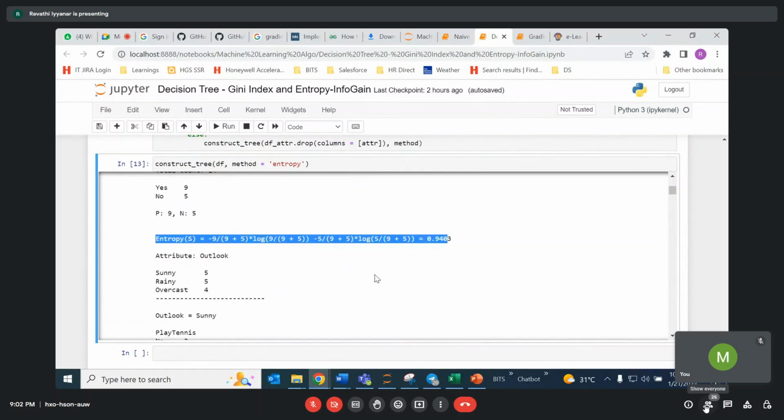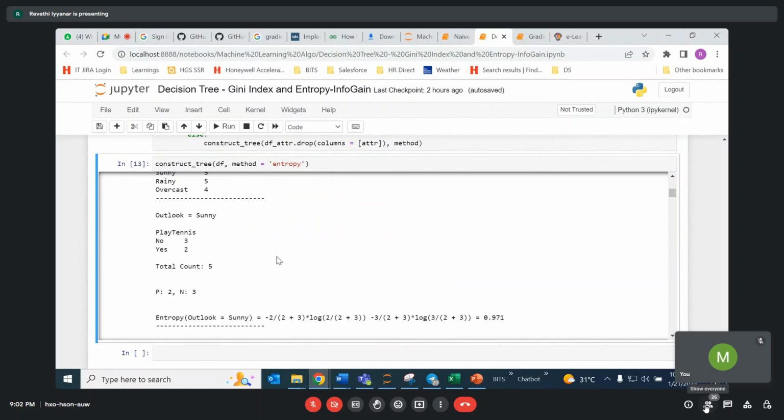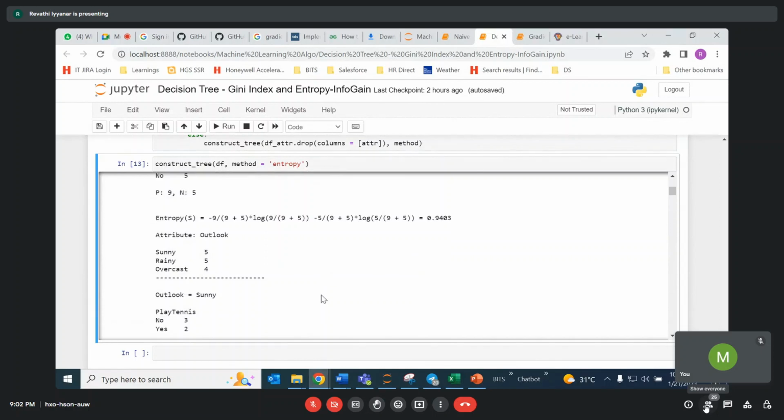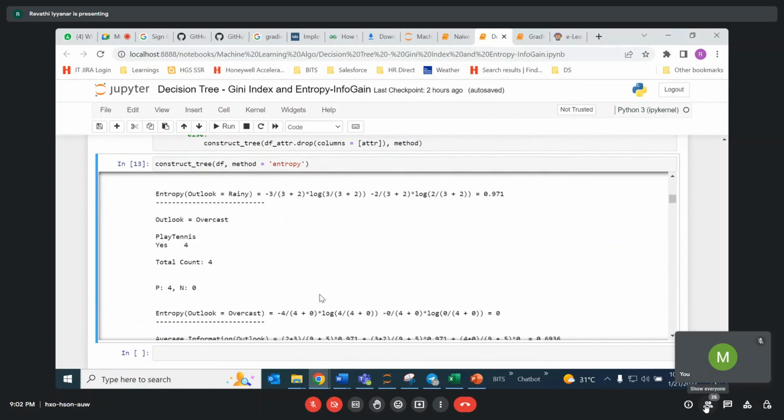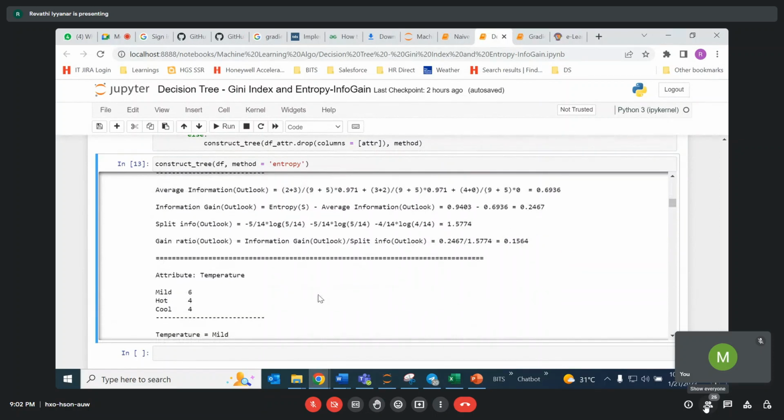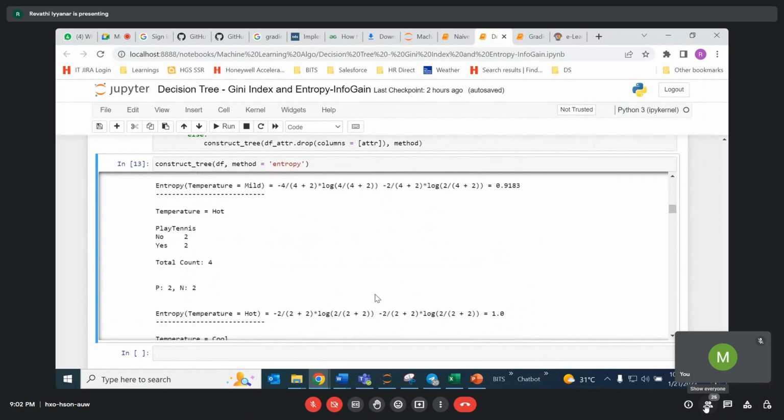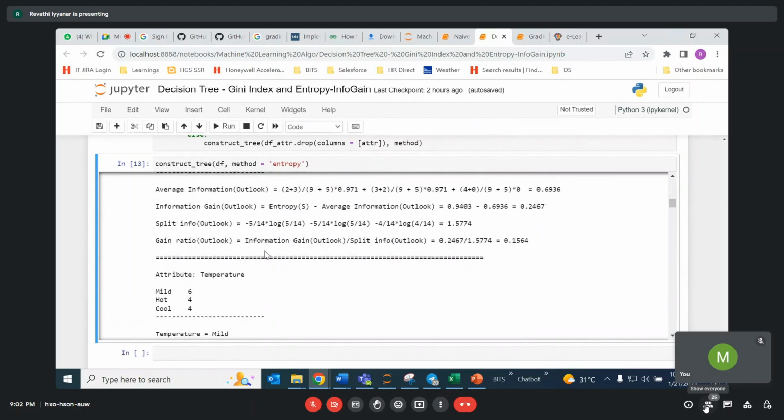Right, okay. So here the entropy of S again, and then outlook, sunny, the same entropy. Someone can correct me. As for gain ratio, unless it's mentioned in the question, we need not calculate it, right? Or if any ID columns are given.